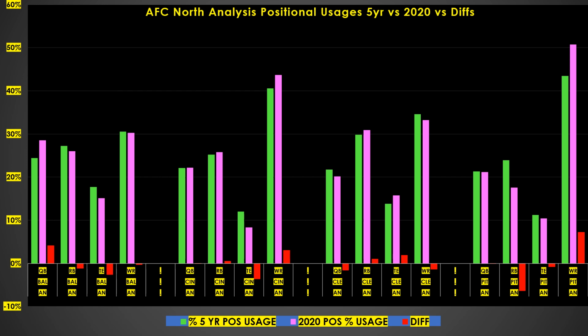So I'm not scared about deep investing in the passing game there. And Big Ben could be a late quarterback target if you're going to stream and whatnot. He's been reliable. So think about that.